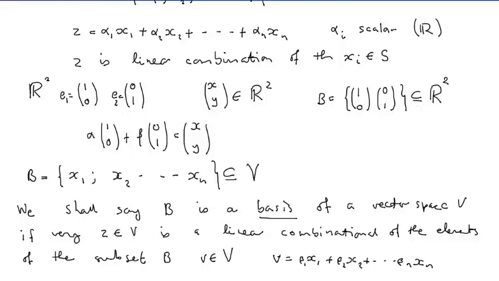Let's take an example. Say given vector (2, 3) in R2, and we've got B being (1, 0), (0, 1).